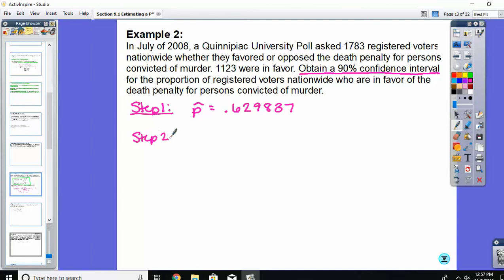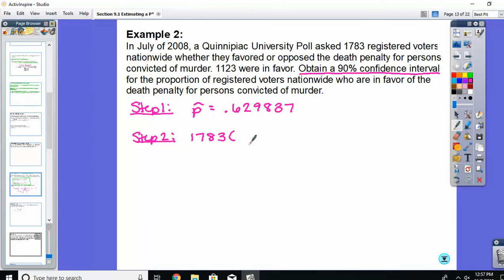Step 2, we need to check the criteria for p-hat. So the criteria, what's my n? 1783 times my p, which now I don't know p for the whole population, that's what I'm trying to find.